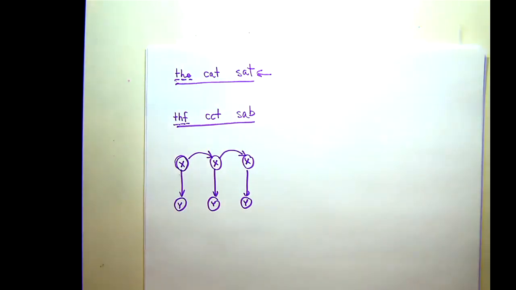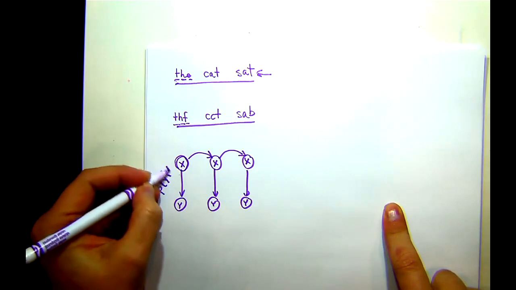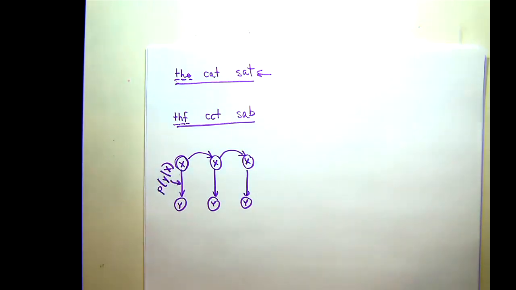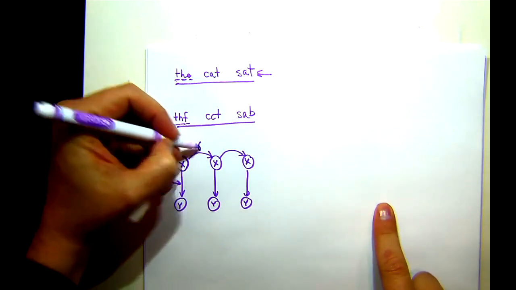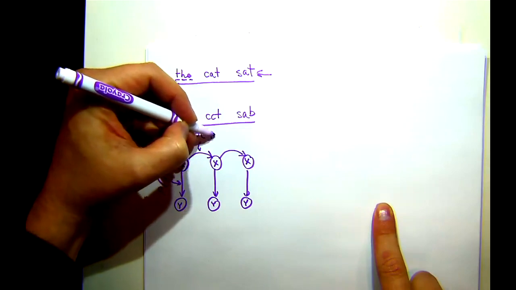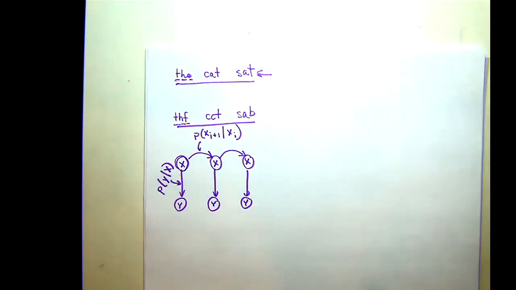And we're going to look at techniques where we're going to model this. We're going to model this probability, which we often call the probability of y given some x, is that guy. And this probability, which is the probability of some x_{i+1} given some x_i, we'll model this HMM in that way.